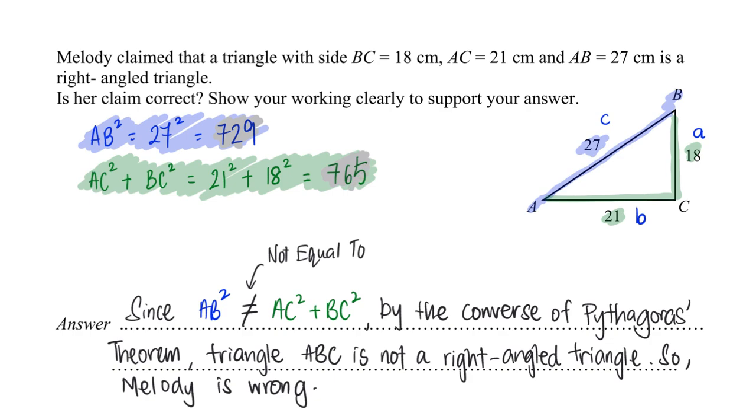And if they are equal, yes, it is a right angle triangle. But if they are not, then they are not a right angle triangle. And this is also another keyword. You do need to let people know that we are actually applying the converse of the Pythagoras theorem. That will help us to support our answer. Alright, let's move on to the next question.